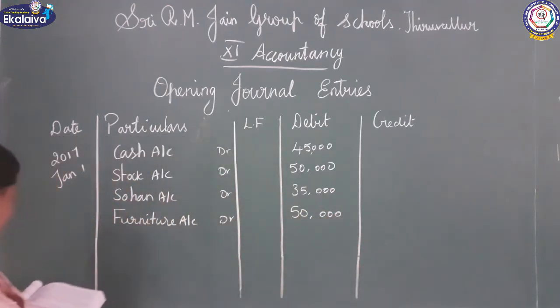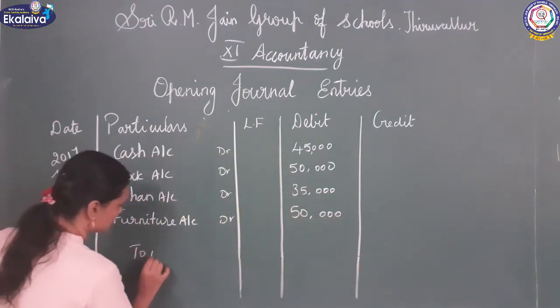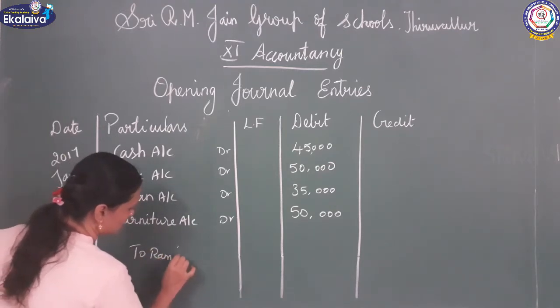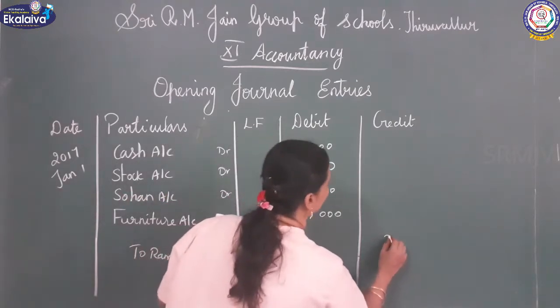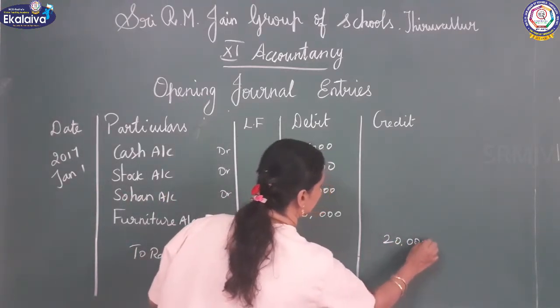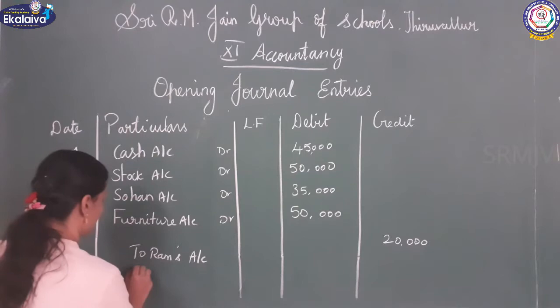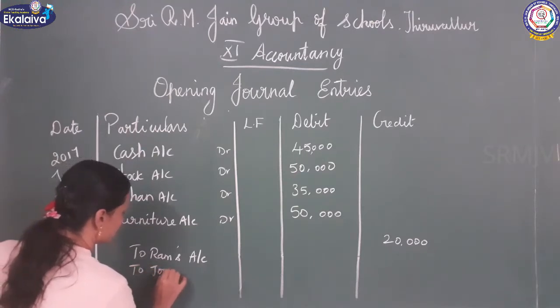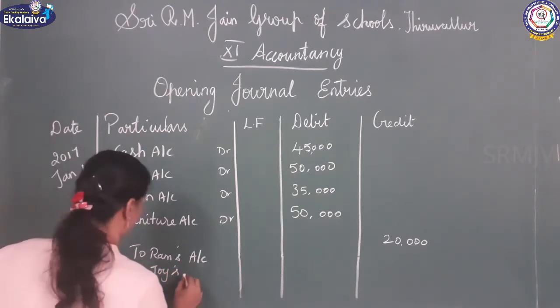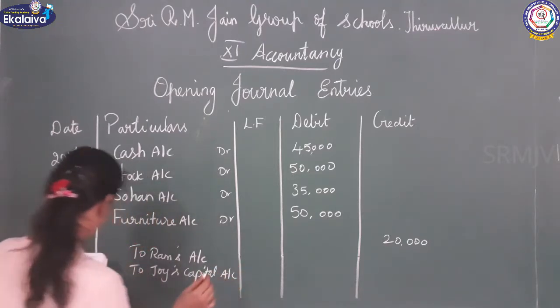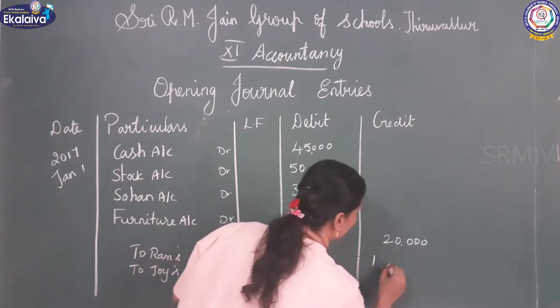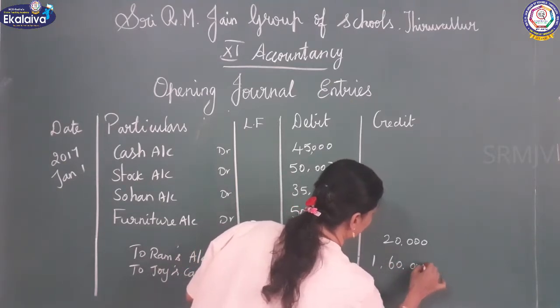And then to Ram's account 20,000, and then to Joy's capital account 1,60,000.